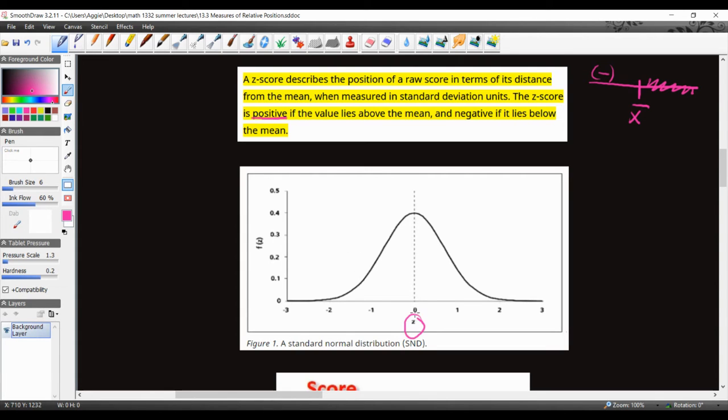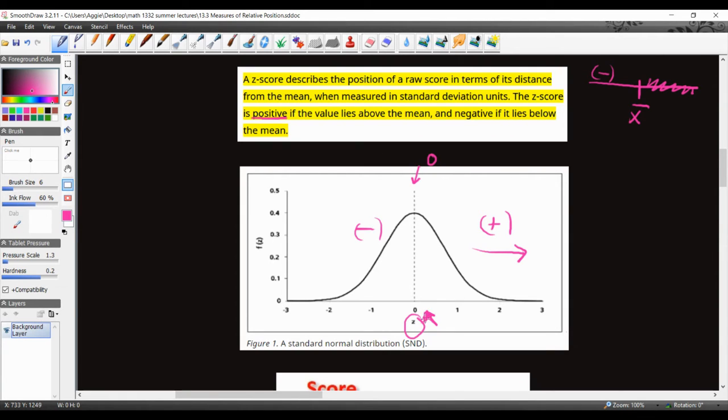This would be our z-score. If the z-score is 0, that means it's spot on. If it's greater than 0, it's everything on this side, all the positive stuff, and this is all the negative stuff. When you're calculating these z-scores, the goal is to get as close as possible to 0, to that center.